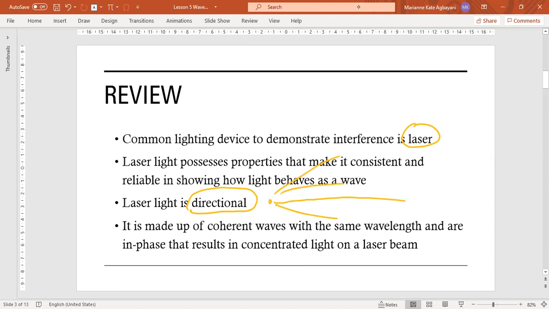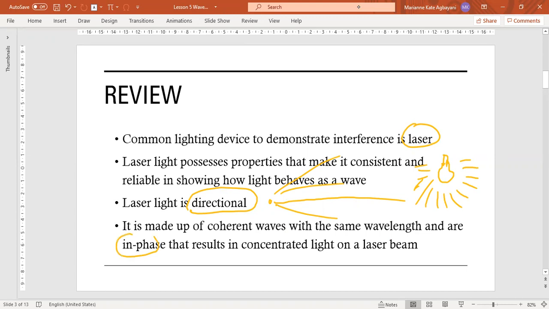Not like light bulbs. If this is our light bulb, its light is scattered. But laser light goes in just one direction, wherever you point it. The light bulb is scattered. The laser is made up of coherent waves with the same wavelength and in phase, that result in a concentrated light in a laser beam.